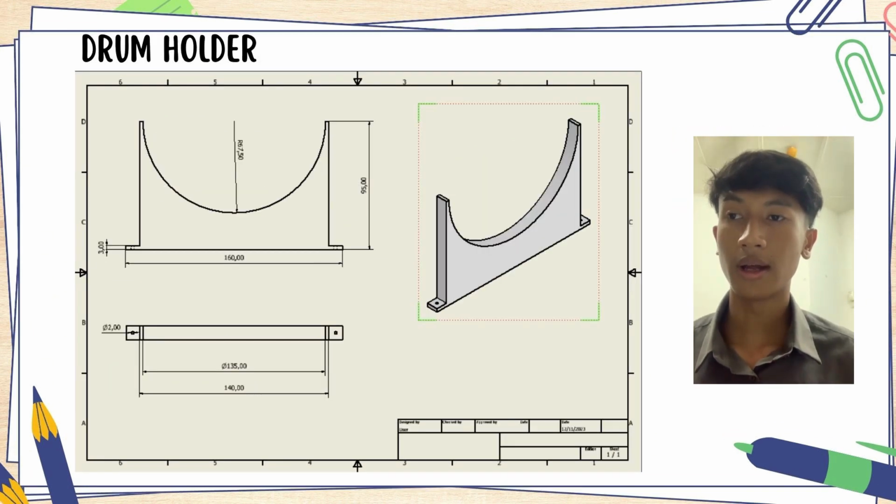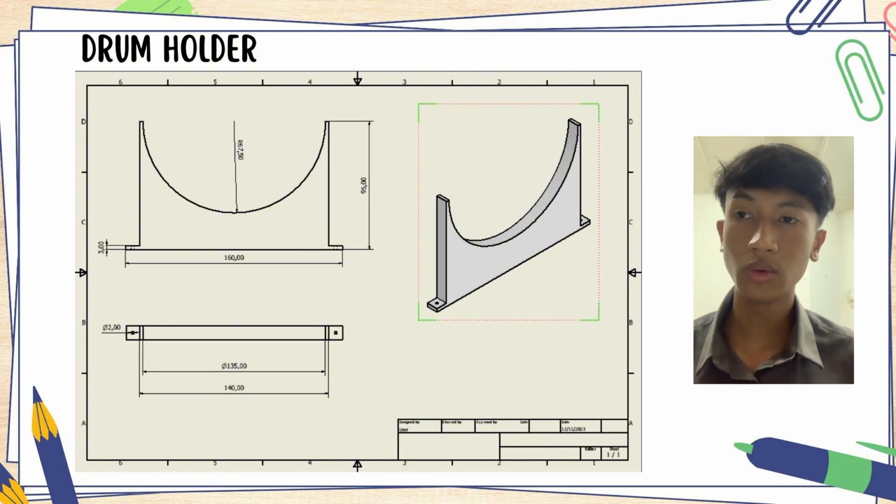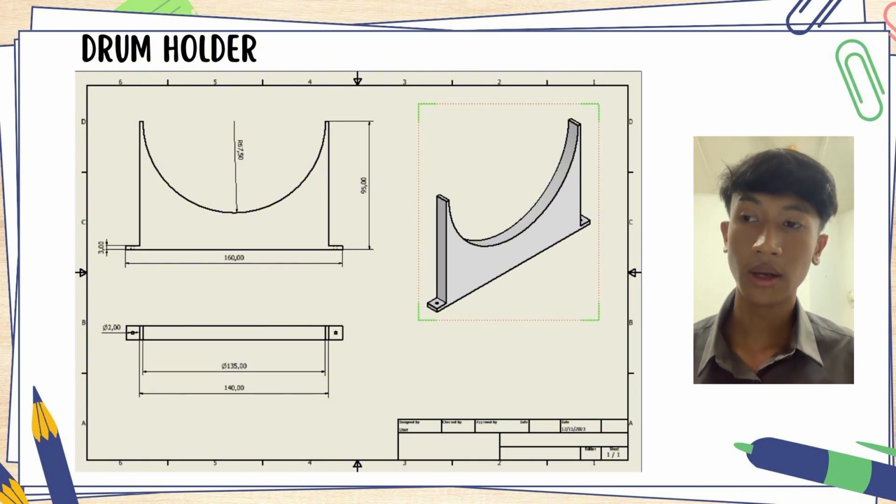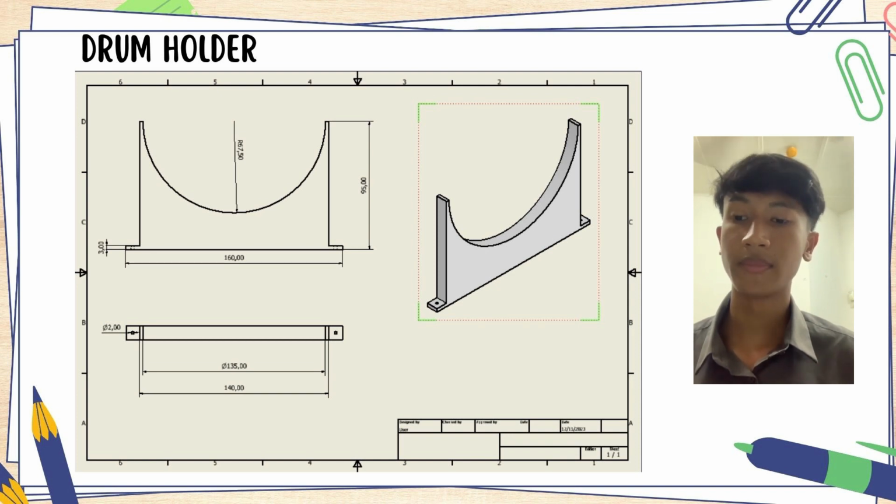Okay, drum holder part. We use a 67.5 mm radius to hold the drum, and the height of the drum holder is 95 mm, and the width of the drum holder is 160 mm, and the height of the leg of the drum holder is 3 mm.